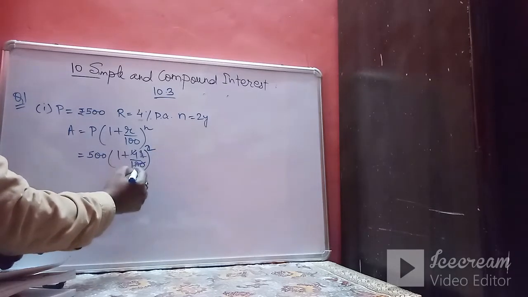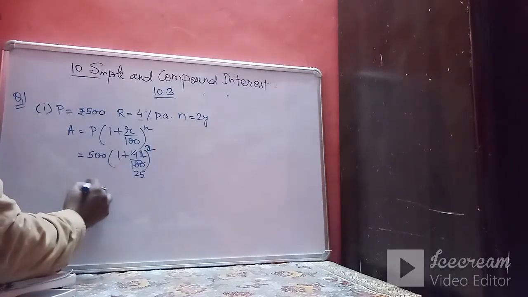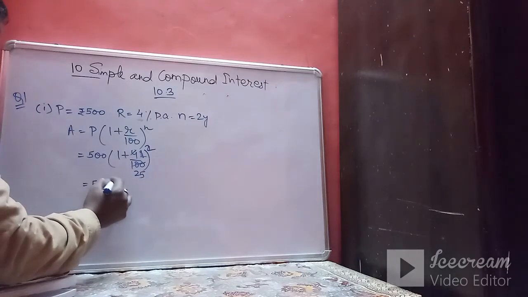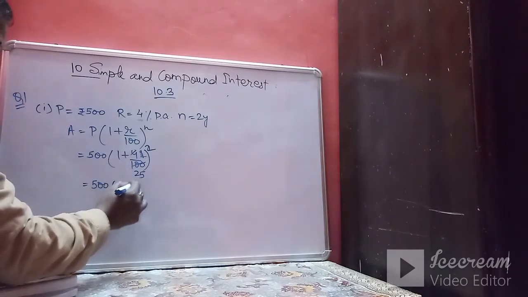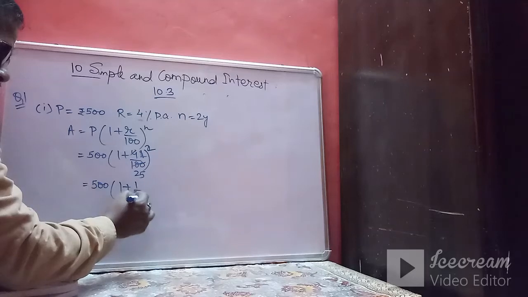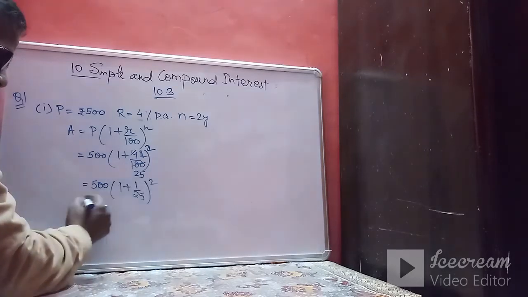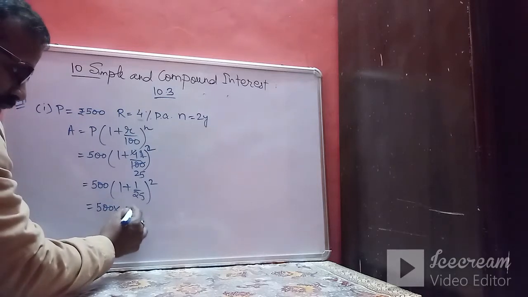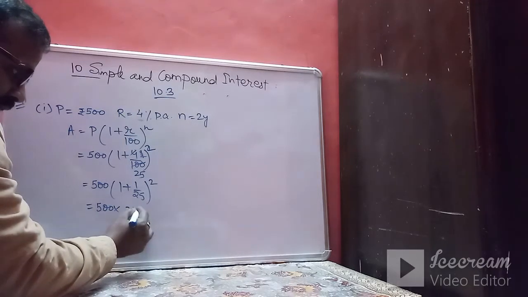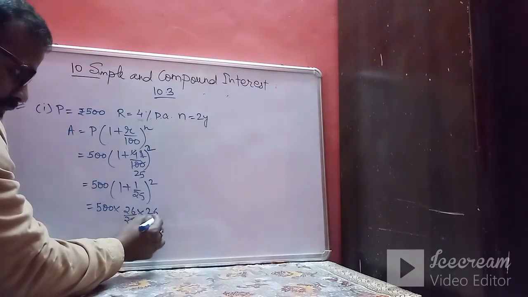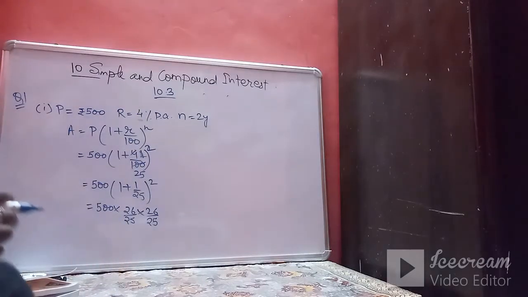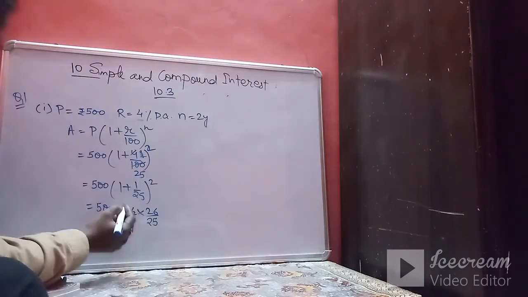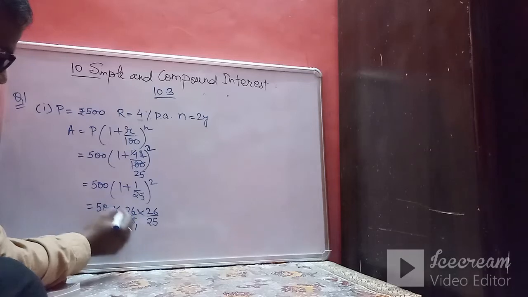So it is 500 into 1 plus 1 upon 5 squared, and when you take the LCM, you will get 6 upon 5 into 6 upon 5.